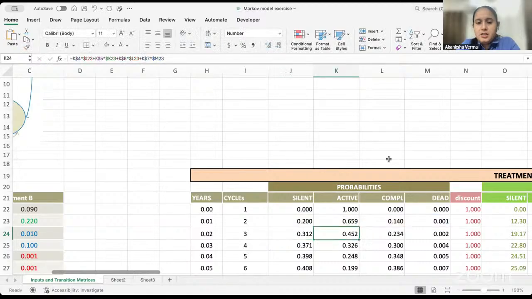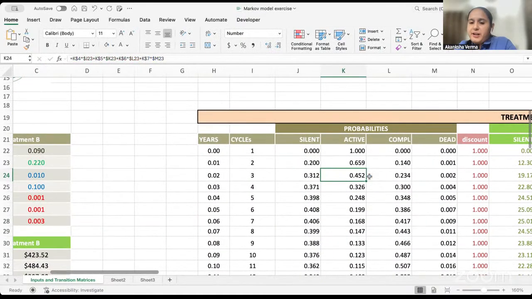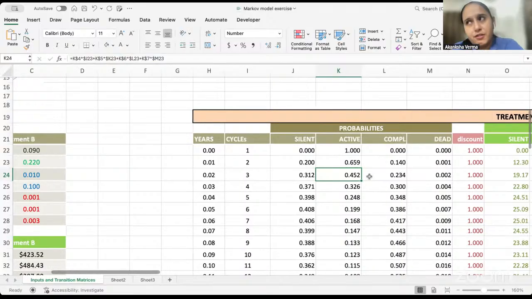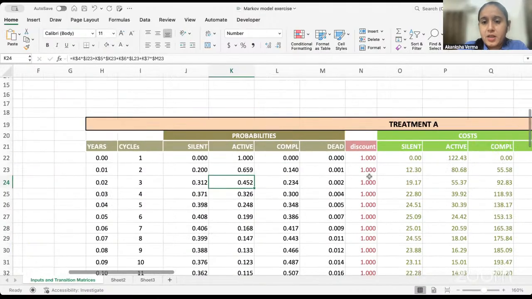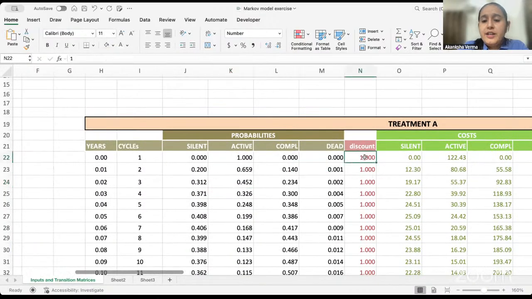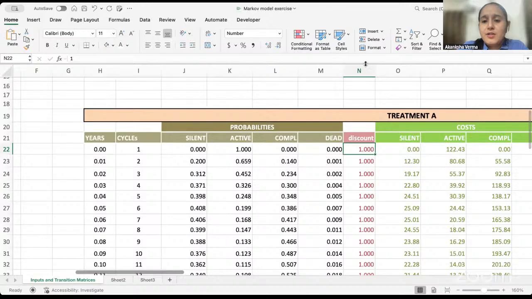Okay. So the same Markov trace which I showed you yesterday was for HIV. This is for another disease. The methodology is the same. Now here you can also see the discounting being applied.